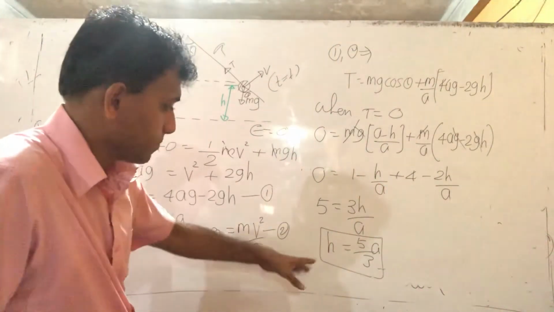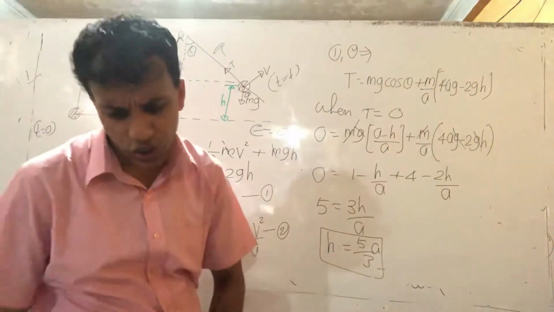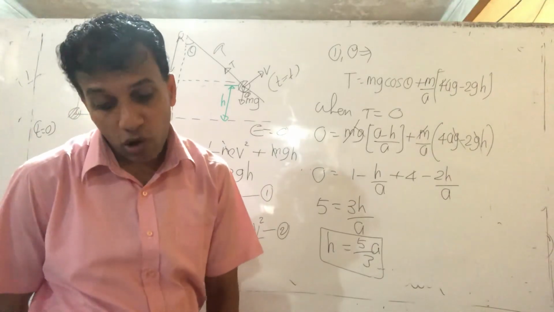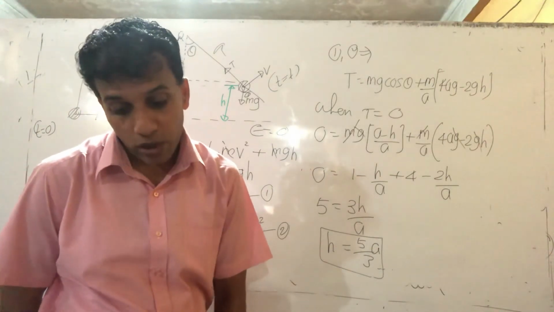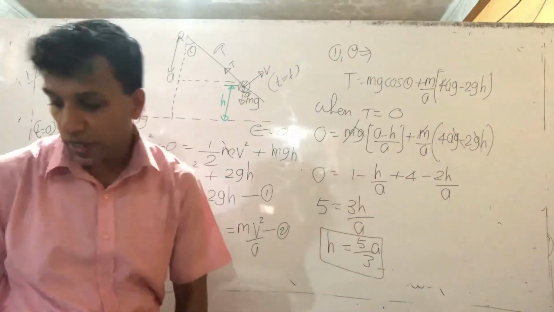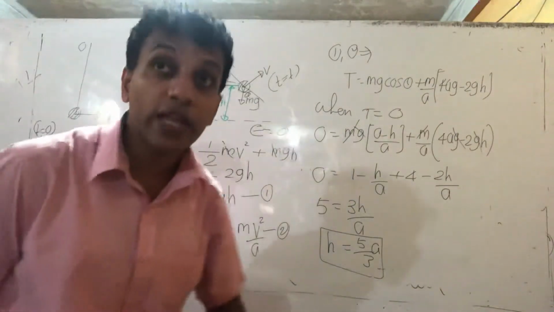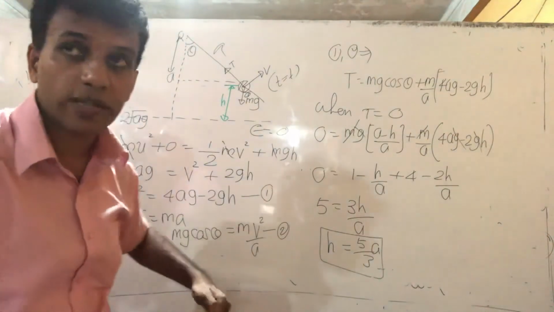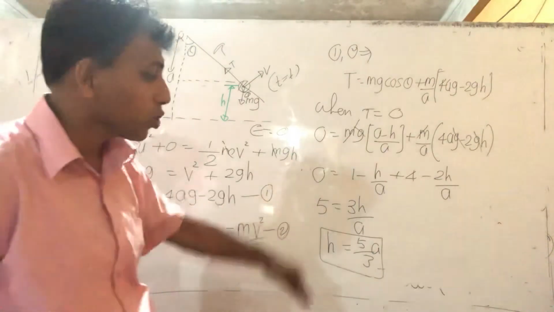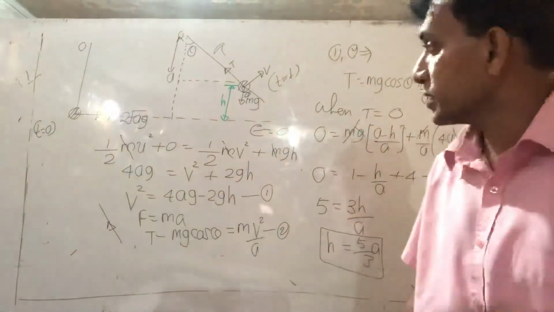So here, from here, 5 over 3 a. What is the question? The vertical height of 2a over 3 from O. They ask from O, so subtract a, the radius. The total height is this, so from O you subtract a and you have the right answer.